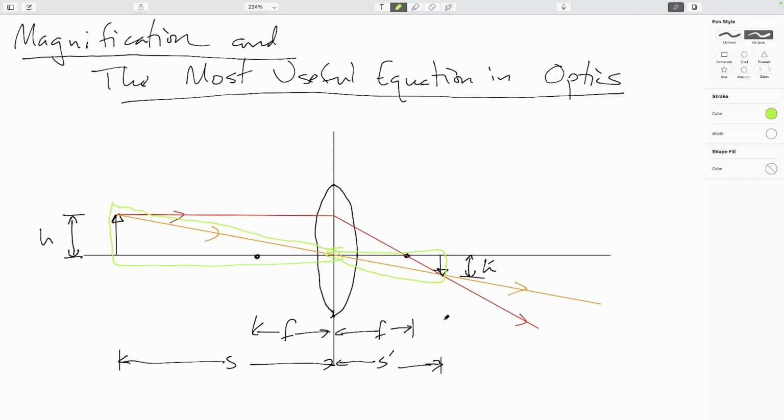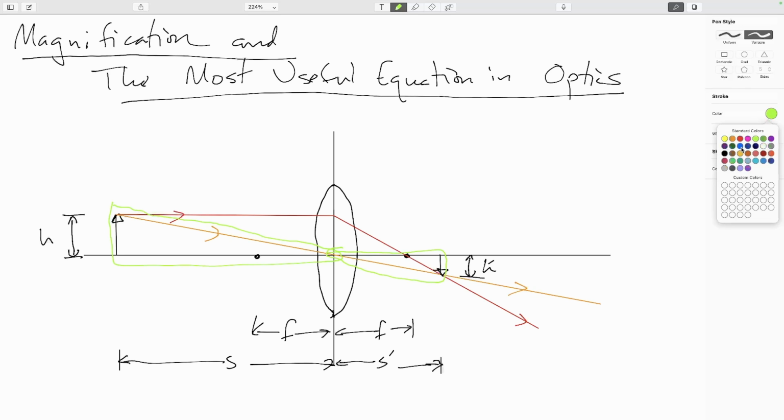Now these two angles are the same by alternate interior angles. There's a right angle here and here by construction, which means that this angle here and this angle here are also the same. So in other words, these two green triangles have identical angles, which makes them similar triangles.